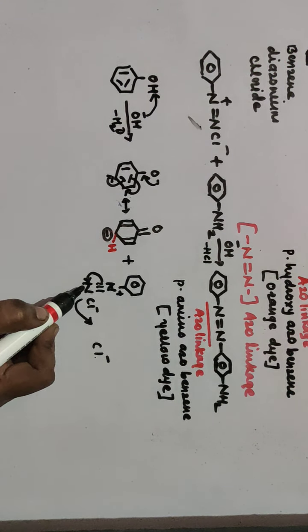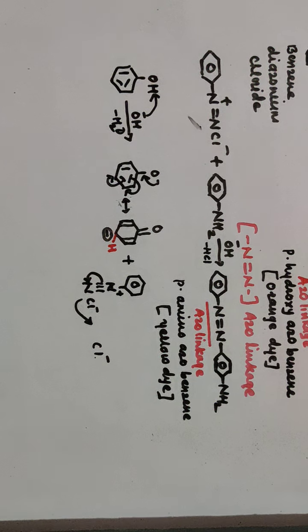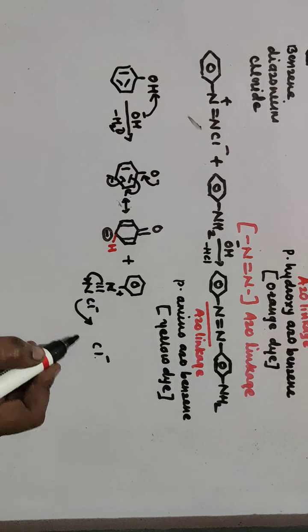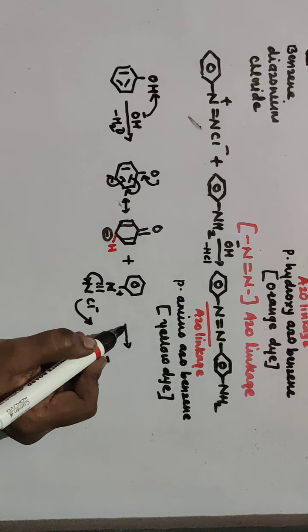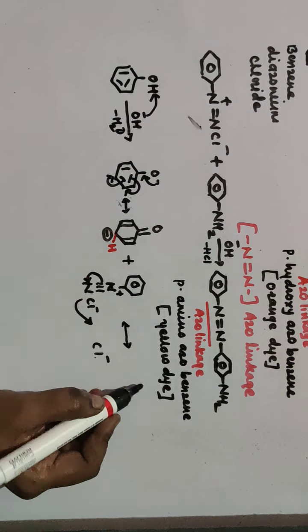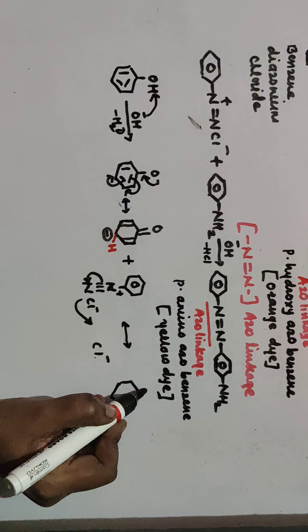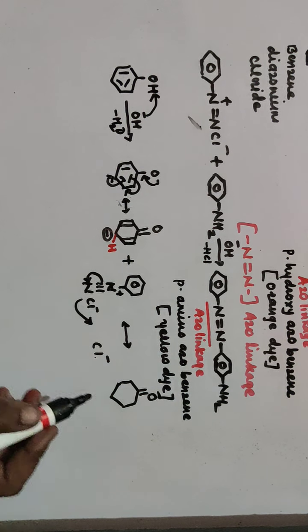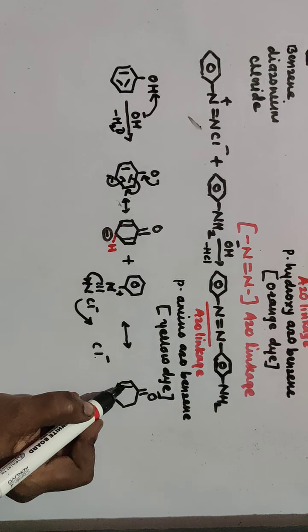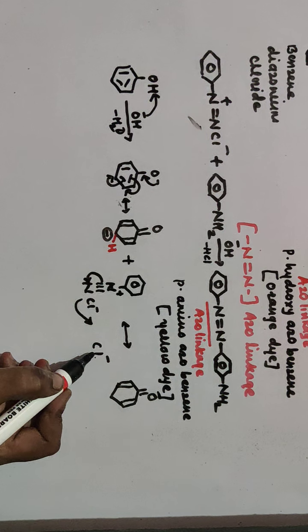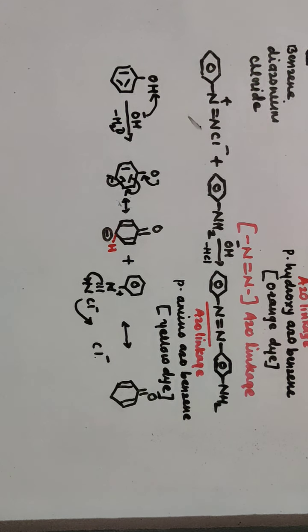as this acquires positive charge, it is an electrophile and it attacks the electron rich center. So here there is a formation of a new compound in which C double bond O, already a double bond is here, here also one double bond, and this hydrogen atom combines with Cl minus, so there is a formation of HCl.